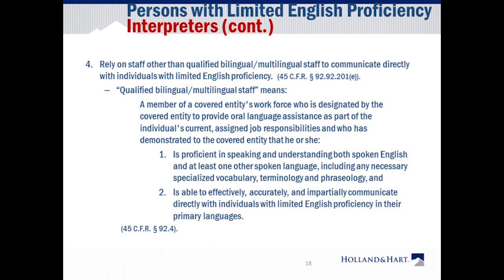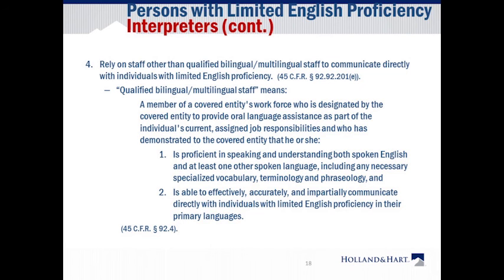It means a member of the covered entity's workforce who is designated by the covered entity to provide oral language assistance as part of the individual's current assigned job responsibilities and who has demonstrated to the covered entity that he or she, number one, is proficient in speaking and understanding both spoken English and at least one other spoken language, including any necessary specialized vocabulary, terminology, and phraseology, again, so that they have the appropriate vocabulary to cover the kinds of situations that are going to be dealt with in the healthcare setting.